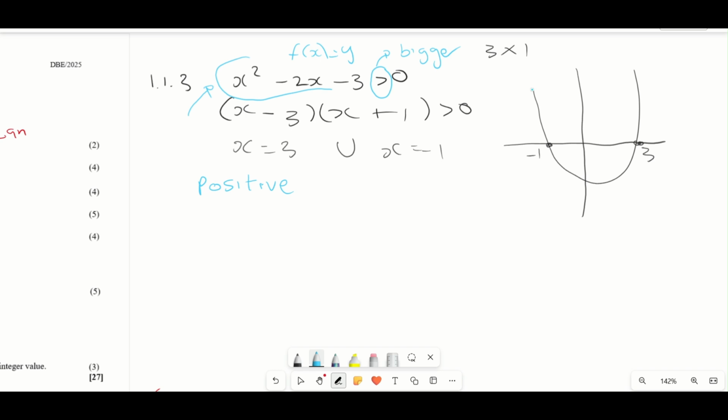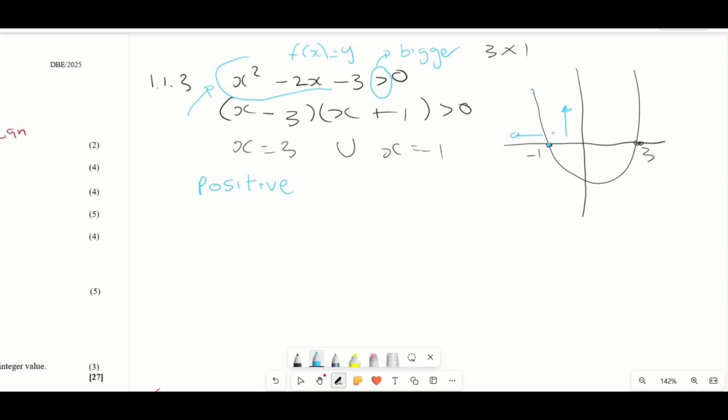If I look at this side of the graph, you can see that here I have my values of x that are negative, starting from negative 1 going this way. I notice that my values of x here will give me a positive y value. Why?